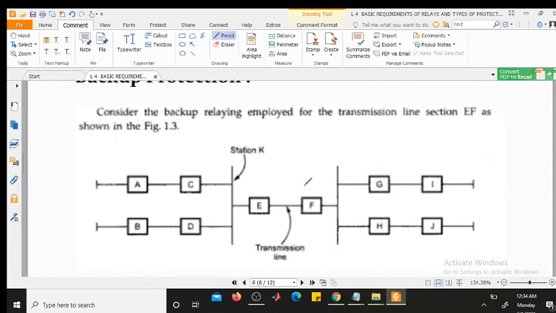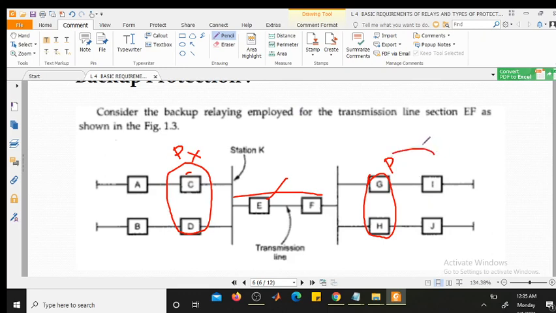Consider this transmission line section that we are going to protect. C and D, and G and H, come under primary protection. Suppose this protection fails, then the system will get damaged.